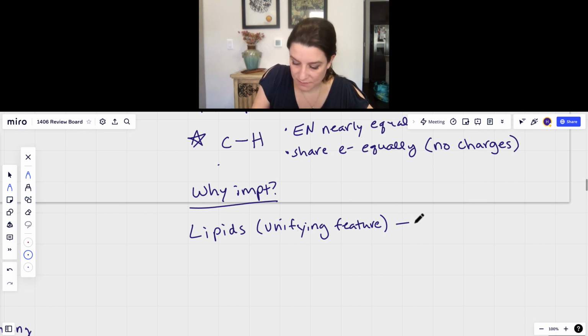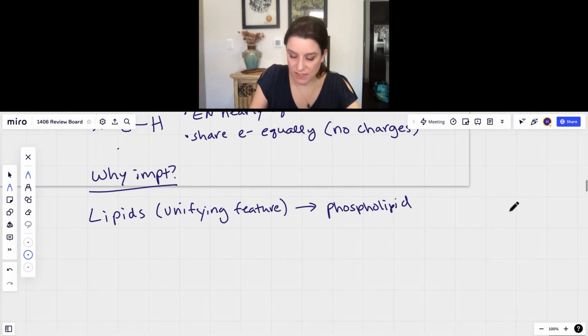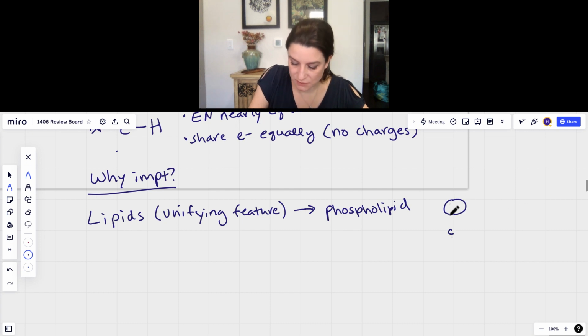So for example, like a phospholipid. We just looked at that the part of it was hydrophilic, but there's the part that's hydrophobic, are these carbon-hydrogen tails.